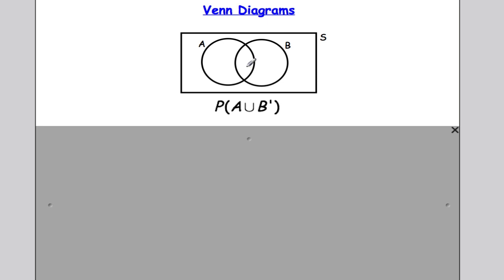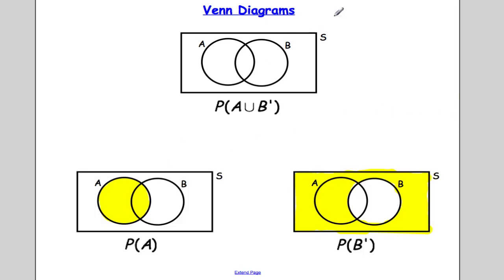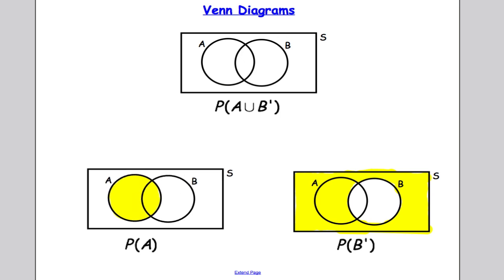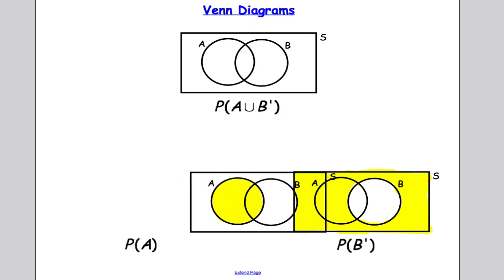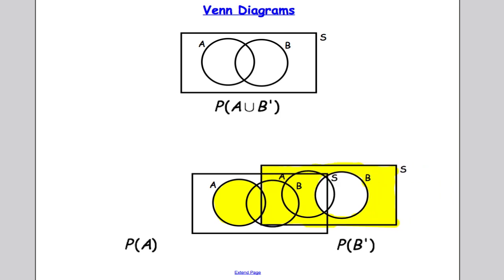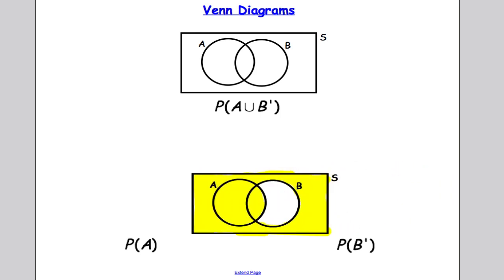In a similar vein, we could have the probability of A union B complement. And again, if we look at the probability of A individually and look at B complement individually, that will help us to visualize what this will look like. So if we take A and then take B complement and put them on top of each other, we can see now that it's going to be all of this region here.